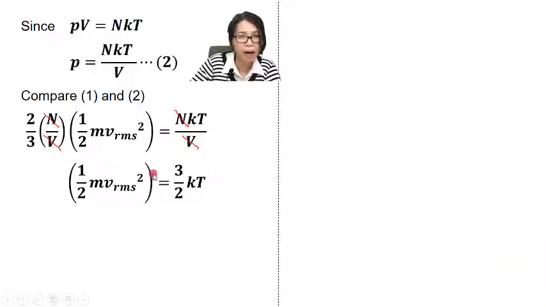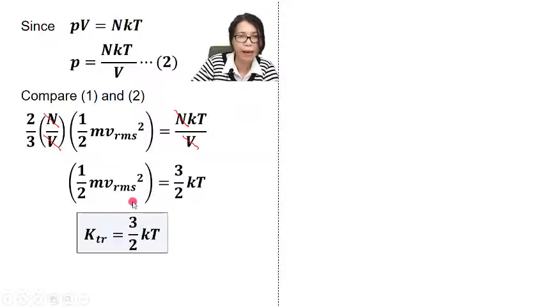So class, half mv squared actually represents the average translational kinetic energy of a gas molecule. So I can represent this with K subscript TR. TR means translational, linear. So I get the equation for the average translational kinetic energy of a gas molecule, equal to 3 over 2 kT.